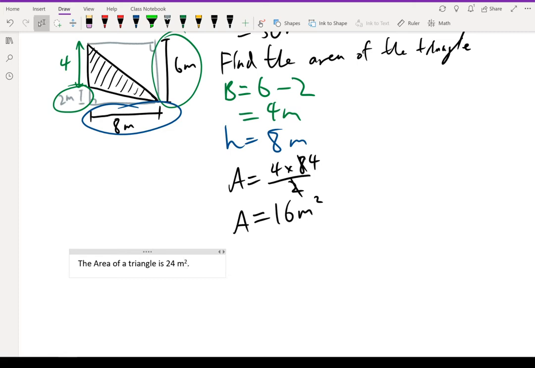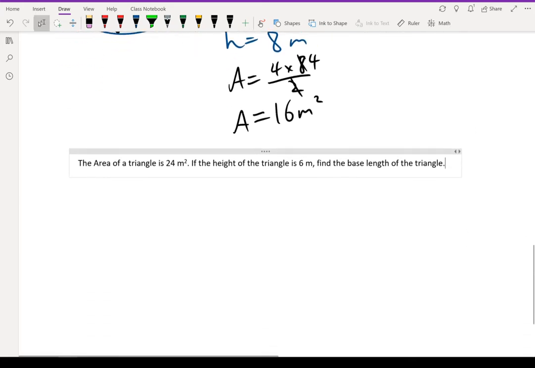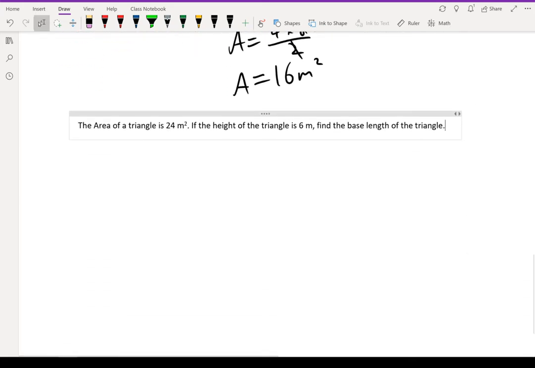And so, if the height of the triangle is 6 meters, find the base length of the triangle. Okay, so we have a word question. We are given the area, we are given the height, and what we have to do is find the base.